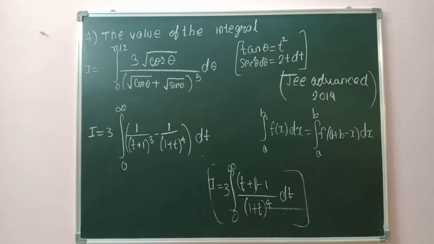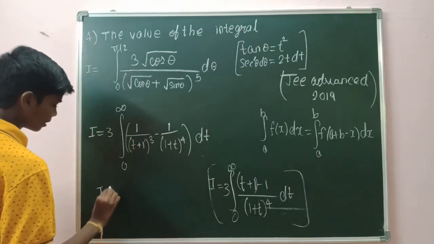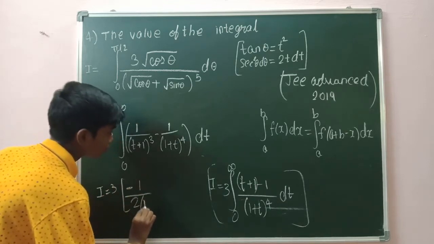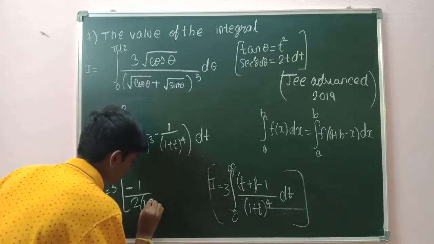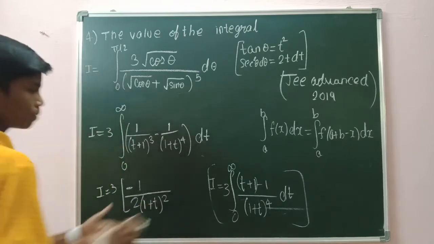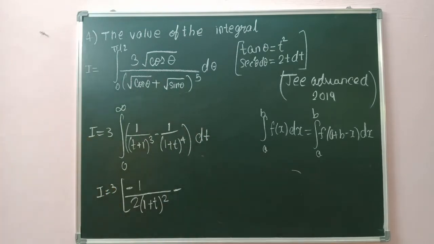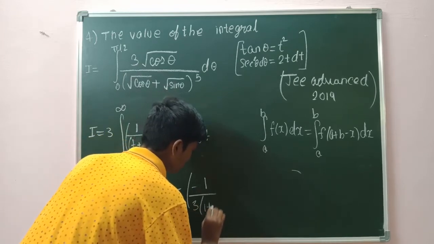So integration, I hope you guys know that. Okay, so when I integrate, I can write the same I as 3 into minus 1 by 2 into (1 plus t) square, then minus of minus 1 by 3 into (1 plus t) cube.